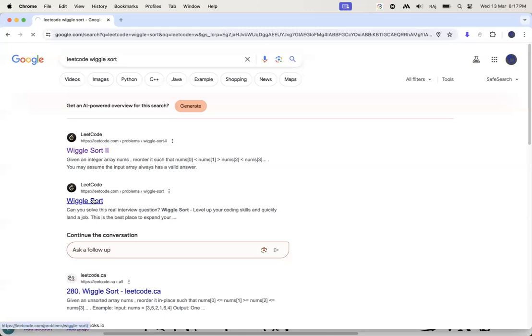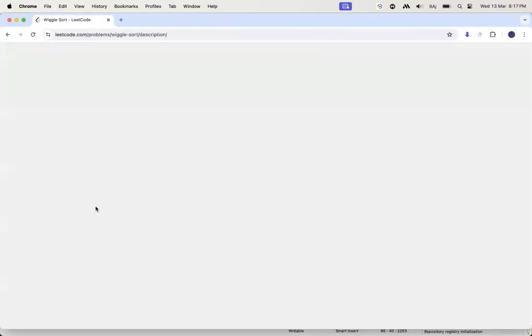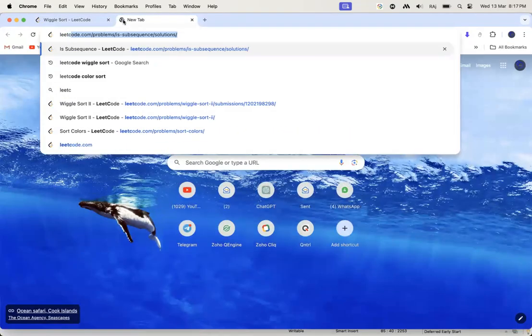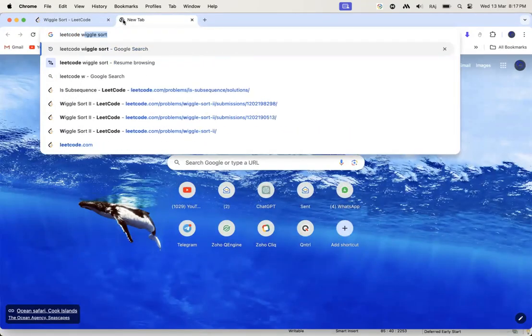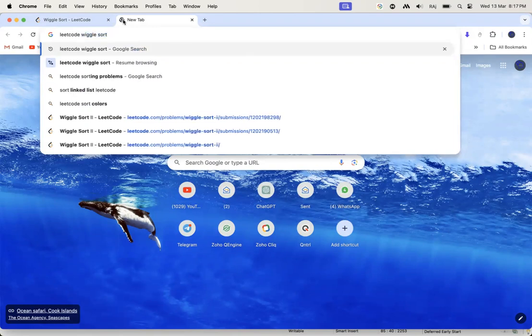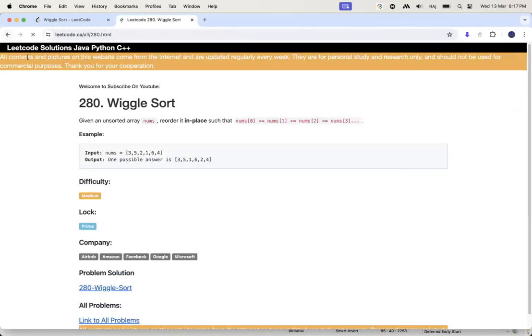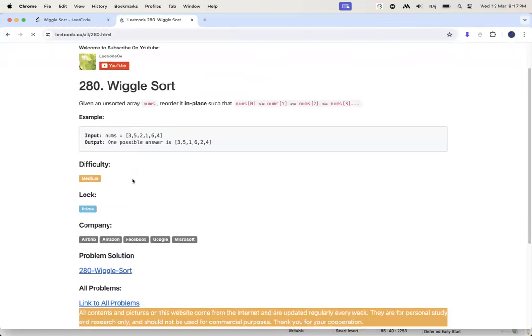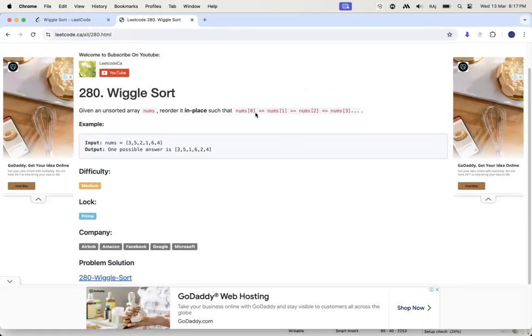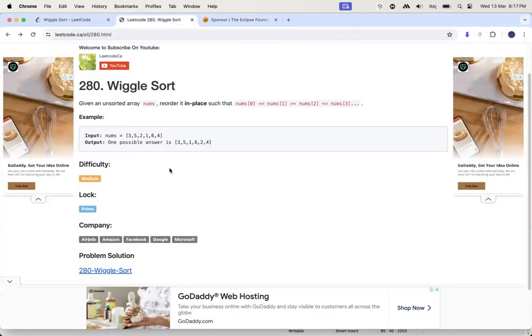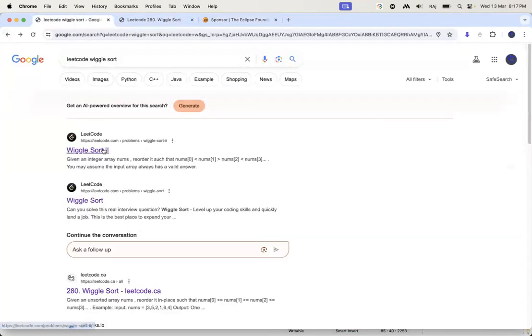Guys, actually we have two wiggle sorts, wiggle sort one and wiggle sort two. This is the first one that I explained. Now I'm explaining sort two.